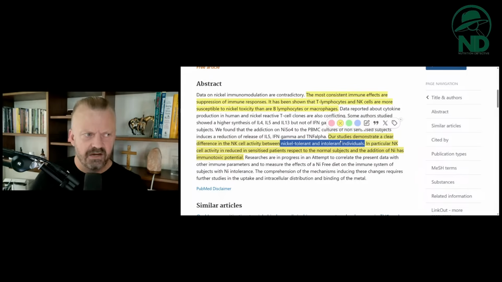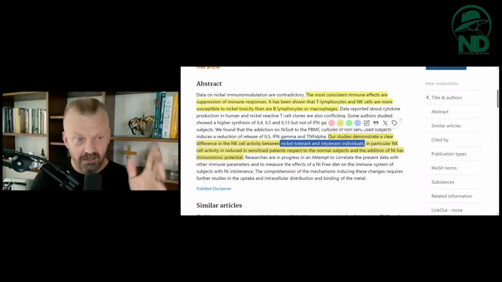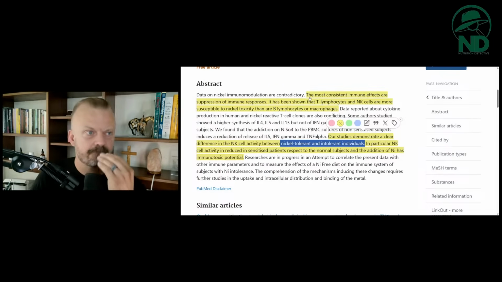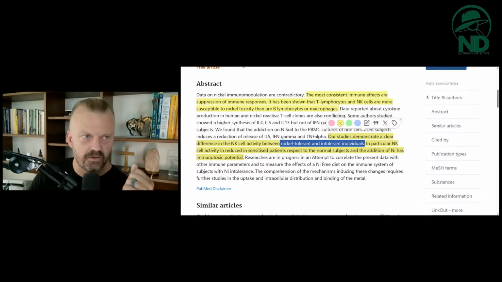This would be like saying fragrance tolerant and fragrance intolerant individuals. The fragrances are bad for everybody, but just because some people don't have a reaction to it doesn't mean it's okay for them. It just means they tolerate it so far. Following me? Okay, so that's the immunocompromised part.